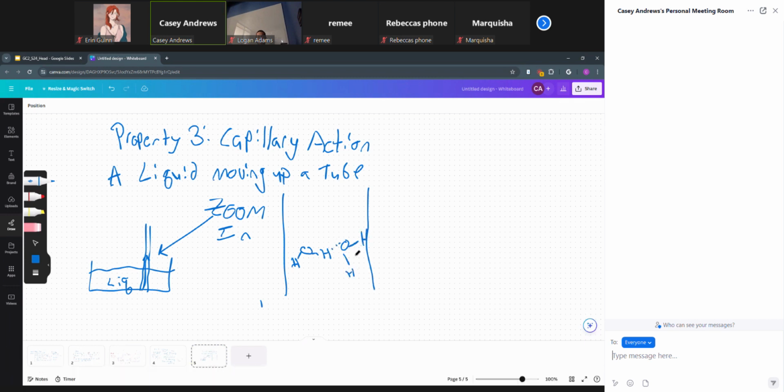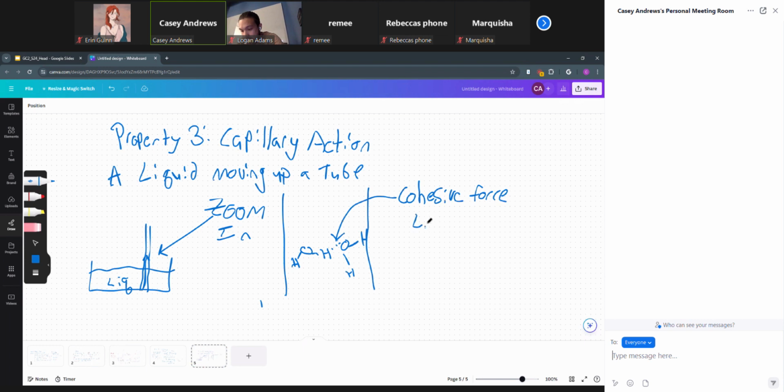So of course, water's interacting with itself. And so in capillary action, the first force we're going to talk about is called a cohesive force.